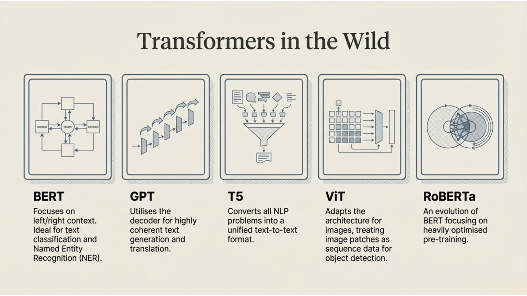T5 converts many NLP tasks into a single text-to-text format, making it very versatile. ViT, or Vision Transformer, adapts the transformer architecture for image processing tasks. RoBERTa improves on BERT by optimizing the training process and data usage.